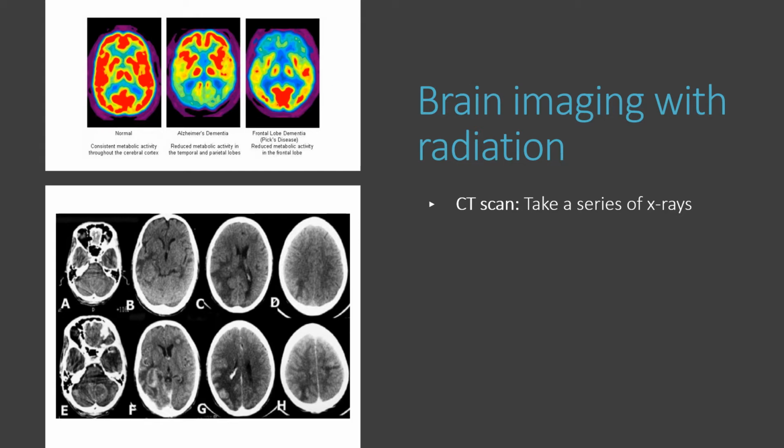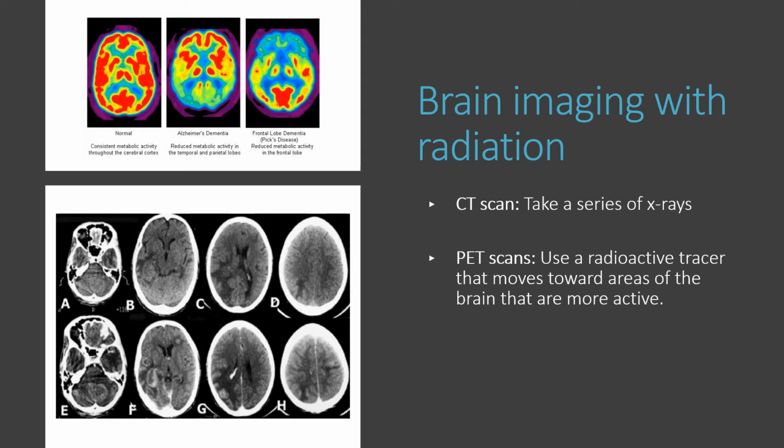Now, if you look at the image up on the left-hand corner, these images are providing information about activity. This is from a PET scan, and here we have three different PET scans. In the first image on the left, you'll see a normal or typical individual who's had a PET scan, and we see consistent metabolic activity throughout the cerebral cortex.